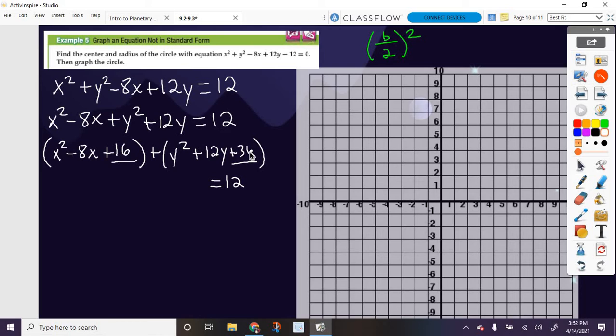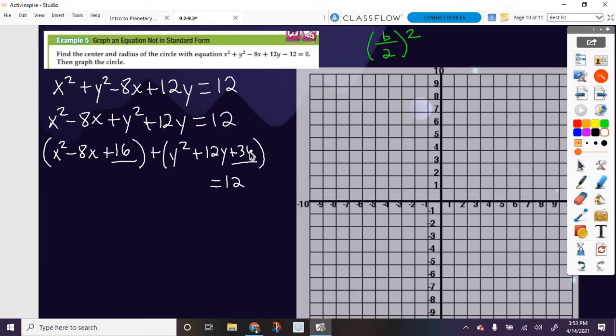Now remember that we need to keep our equation balanced, but this time since I only have numbers on the right-hand side, I can go ahead and just add the same thing to both sides this time. Whereas before, remember with our parabolas, we had a y or an x on the other side. We didn't want to add or subtract anything from the y or the x, so we did it outside the parentheses.